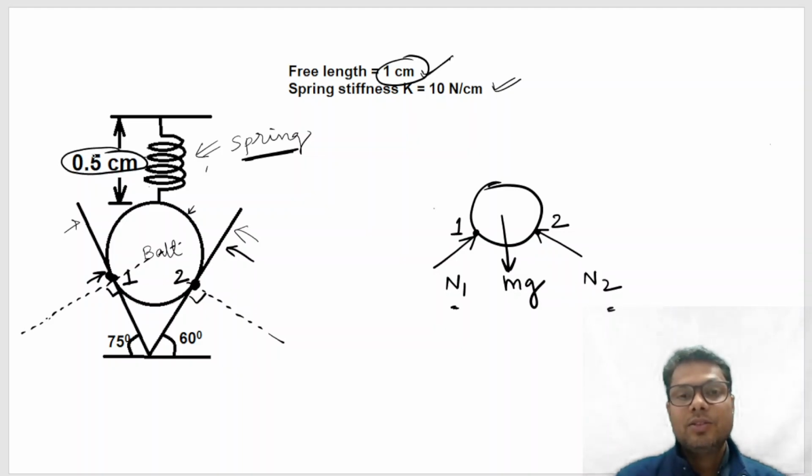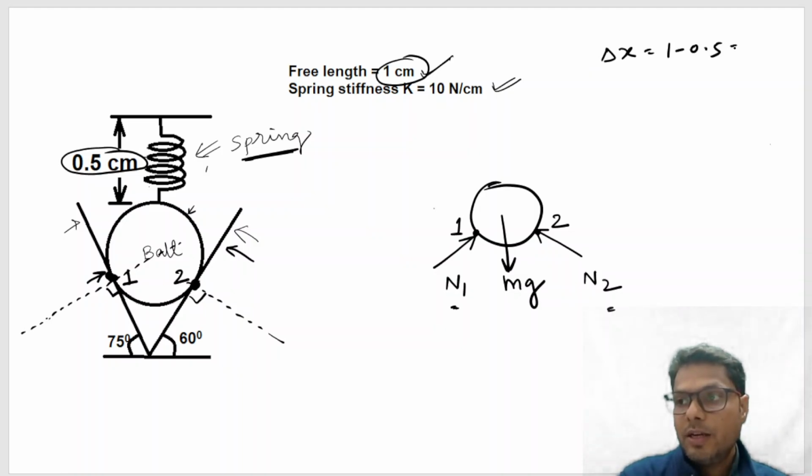If the spring were free, it would have a length of 1 centimeter. But here the length is 0.5 centimeter. That means the spring has been compressed by 0.5 centimeter. Half the length of the spring has been compressed. So delta x, the compression in the spring, is 1 minus 0.5, that is 0.5.